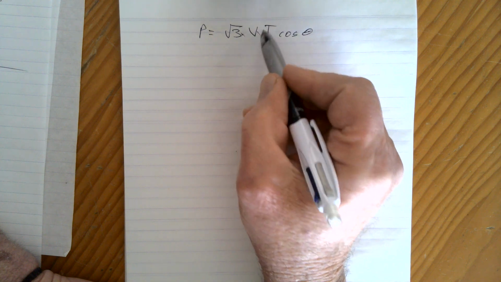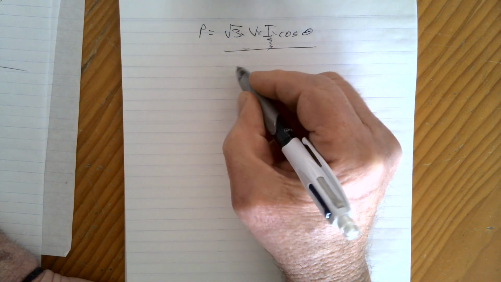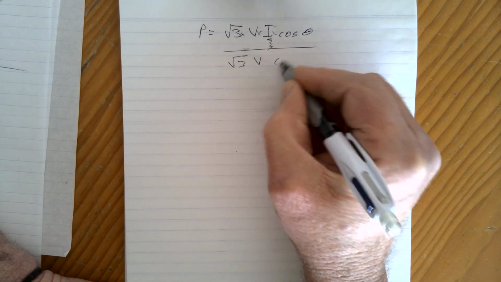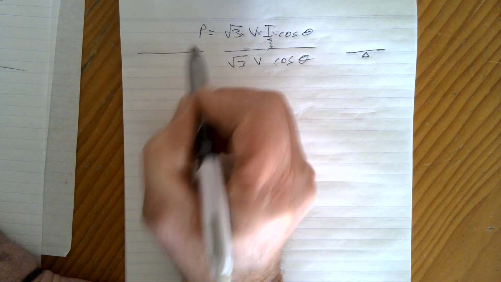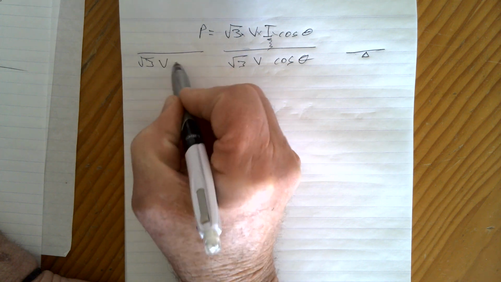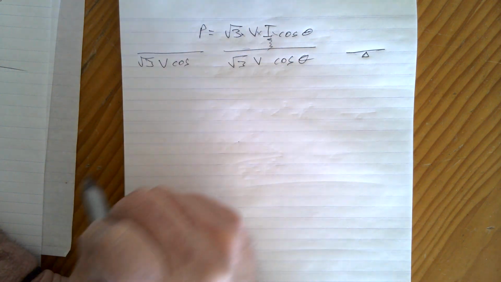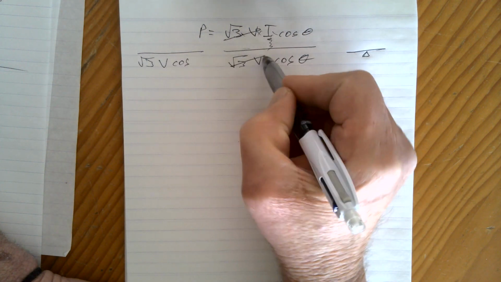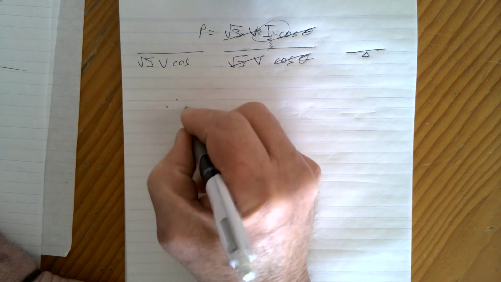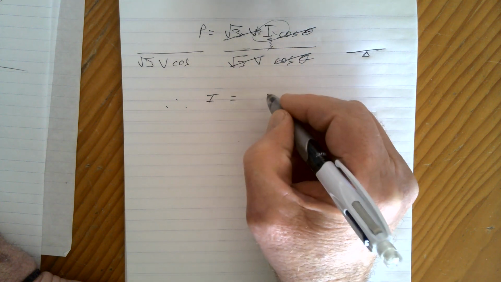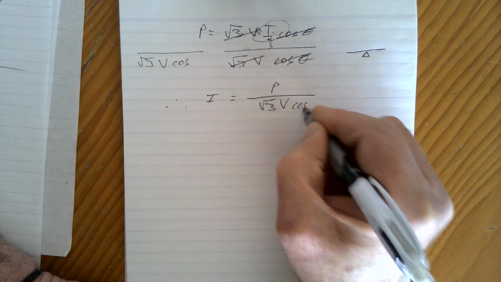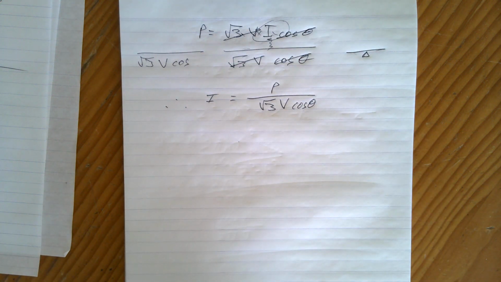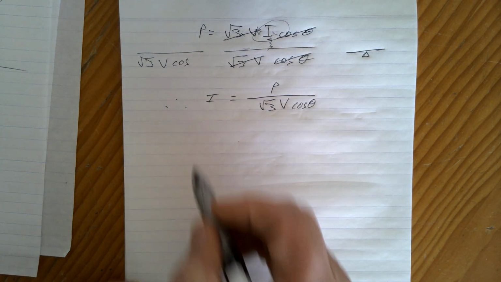Because they're all multiplied, simply divide out the root 3, the V, the cos theta, balancing the equation: divide this side by the same, root 3 V cos theta, and these cancel out. You're left with I by itself, so I is equal to P divided by root 3 V times cos theta. That's the transposition of your three-phase power.